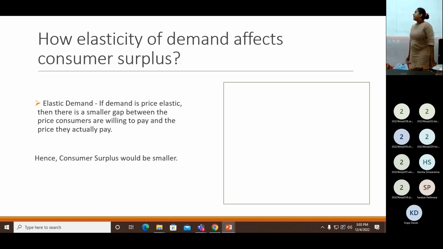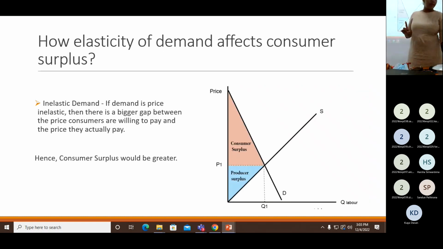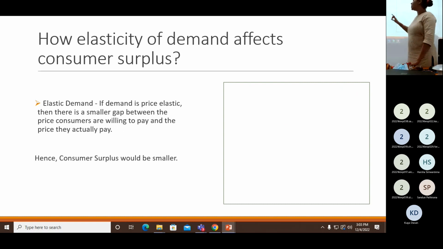What do you think about an elastic demand curve? Now this is here for you to draw. Can you quickly draw an elastic demand curve and a normal supply curve and identify the consumer surplus area? Do it in your book.